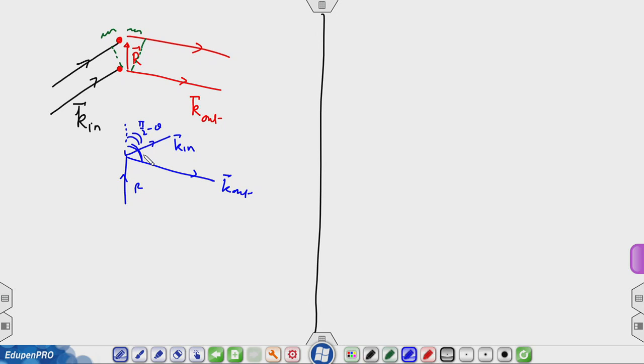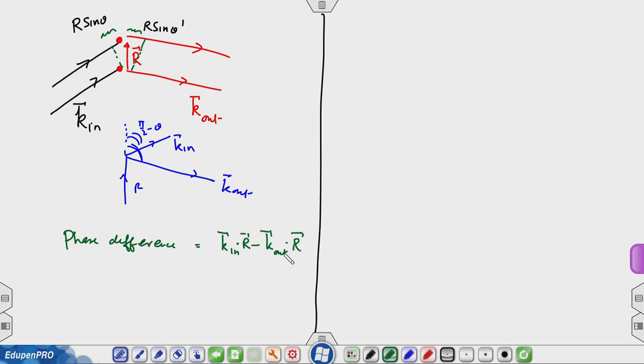So, when I added these two distances, this is r sin theta, this was r sin theta prime, then what I got, because this second angle with k out is greater than pi by 2, the phase difference I got was k in dot r minus k out dot r.